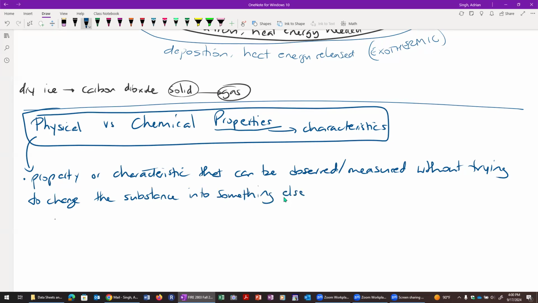So, for example, we can say that the sample of iron is brown in color. Well, that's obviously an observation, and we can make that observation without trying to change iron into something else. That makes it a physical characteristic. We can say iron is a solid at room temperature.